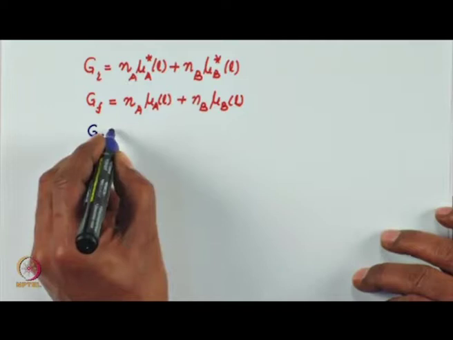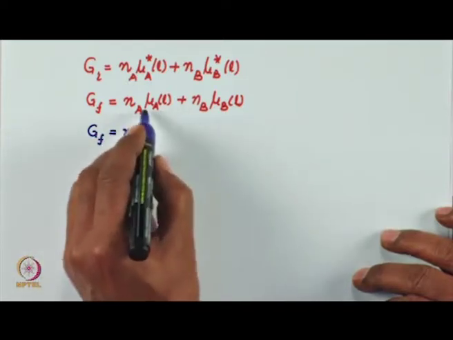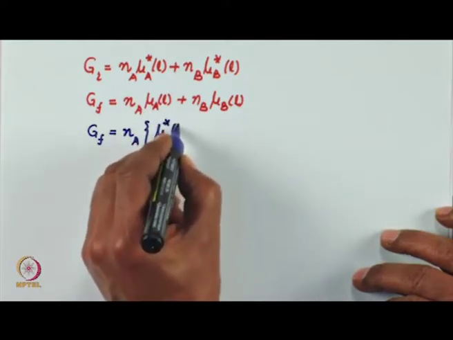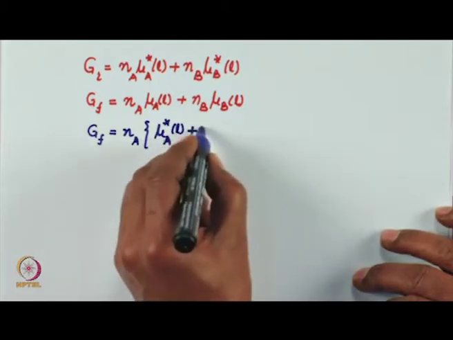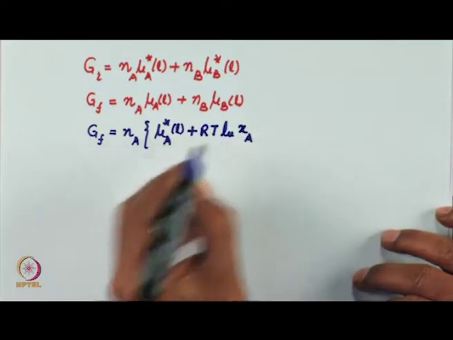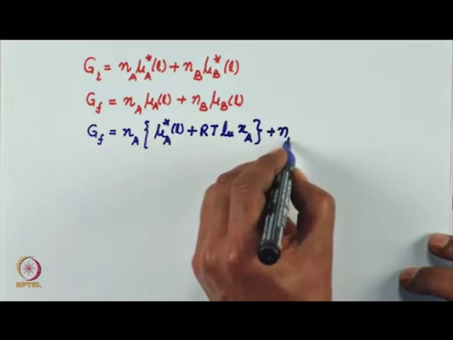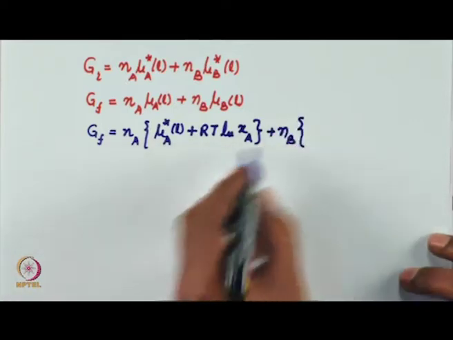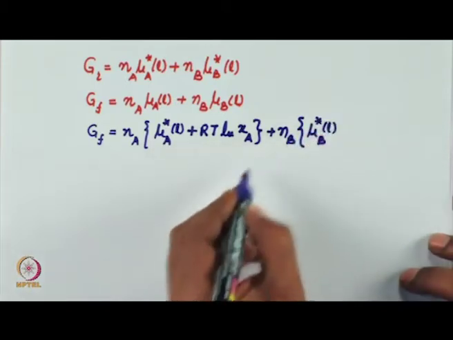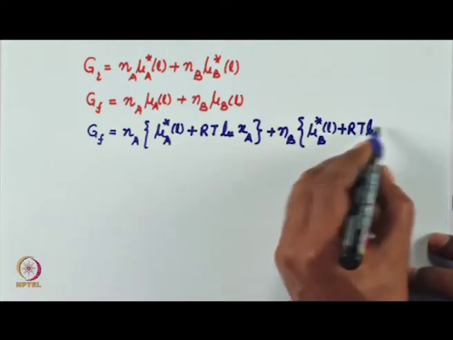For G final, instead of mu A, I will write the definition of chemical potential for a liquid: NA times mu A star liquid plus RT log XA, as we have earlier discussed, plus NB times mu B star liquid plus RT log XB.